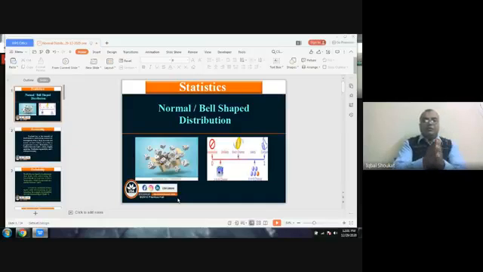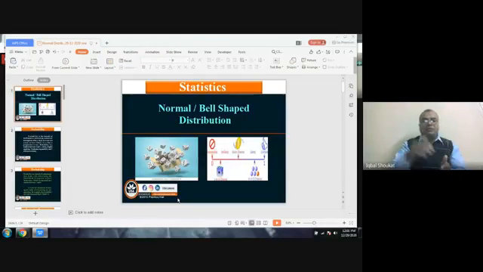Then we discussed the role of standard deviation and standard error in the normal curve, and the role of the sample size with the standard error as well as the population standard deviation.